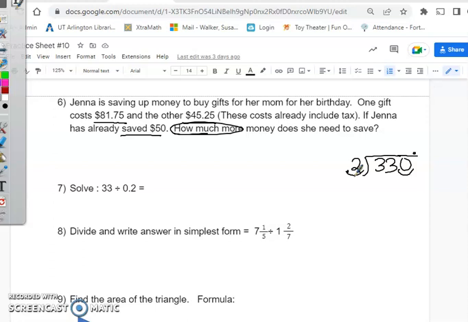So, Texas. So I want you to do that real quick by yourself. 5 times 7 plus 1.